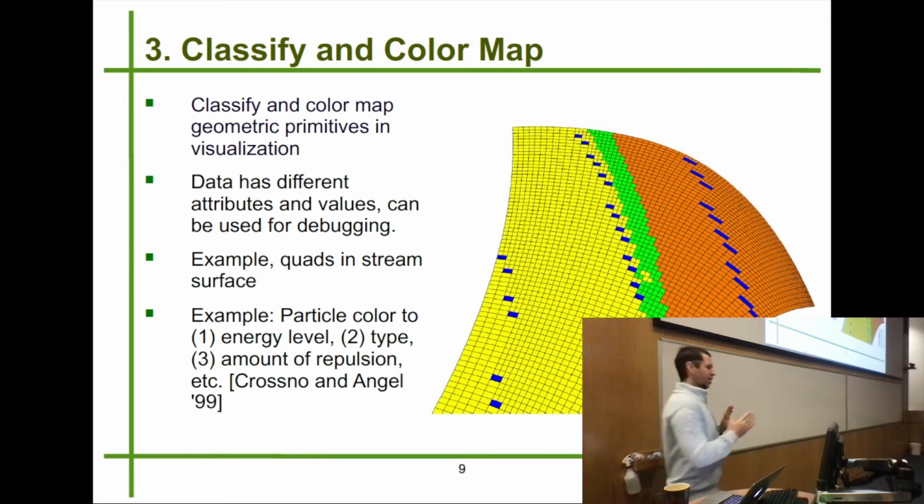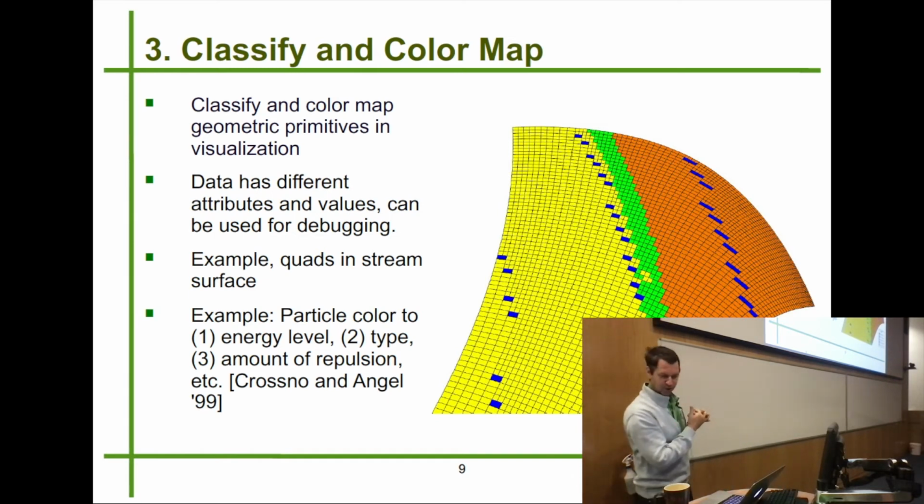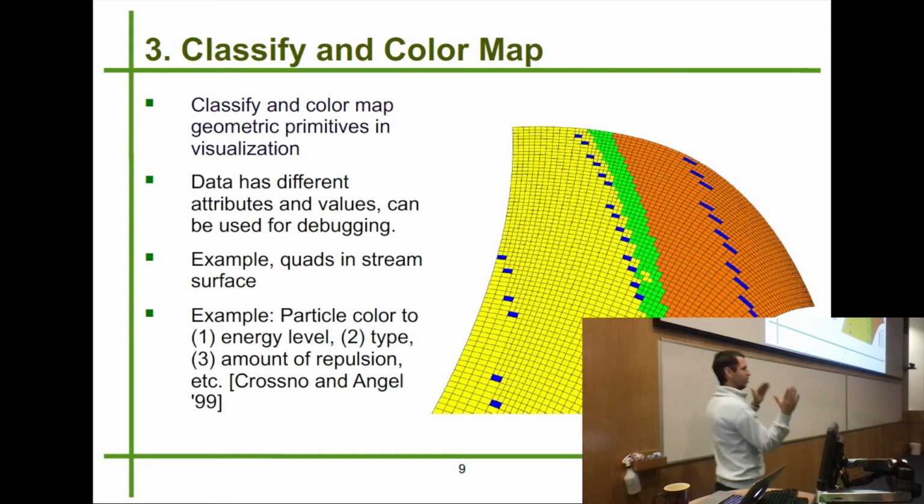The quads that have this left rotating behavior are shown in yellow. The quads that have a right rotation behavior are shown in orange. And then quads that are laminar, in other words, they're not rotating left, they're not rotating right, they're just straight. Those are shown in green.